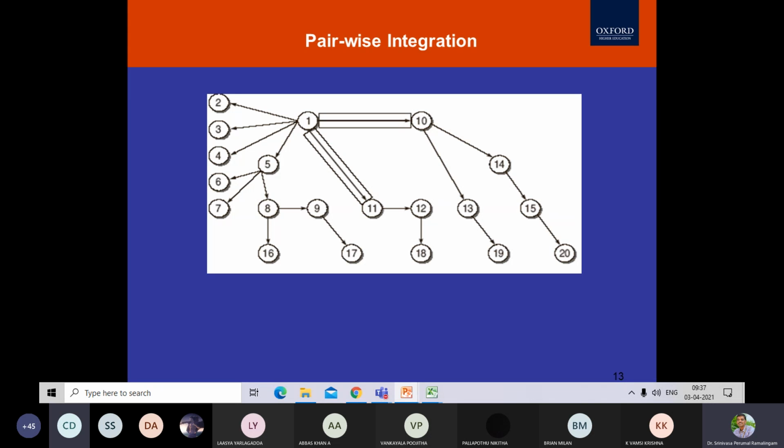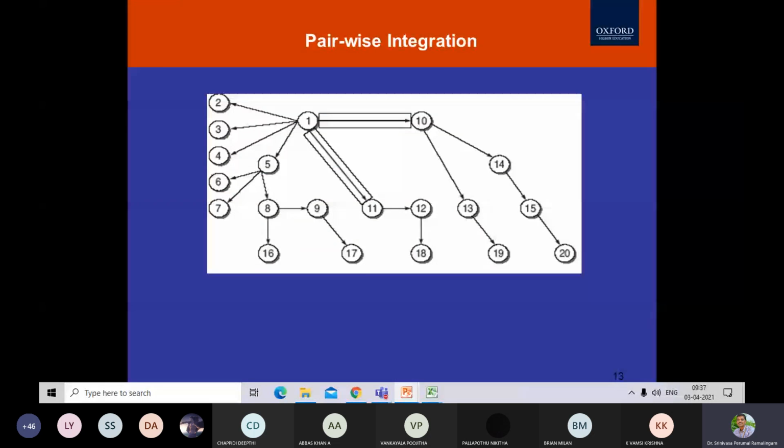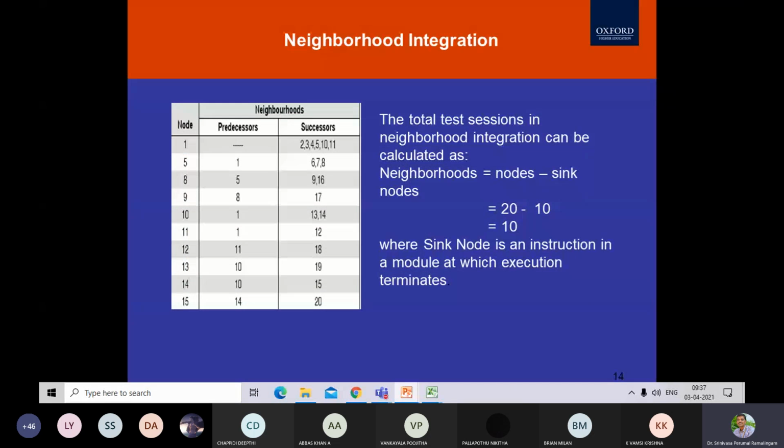What about 5? Yes, sir. We are having 6, 7, 8 further. 6, 7, 8 are successors. 1 is the predecessor. Right? So wherever the successor is there, that node will be considered. Rest of the nodes we are not going to consider.